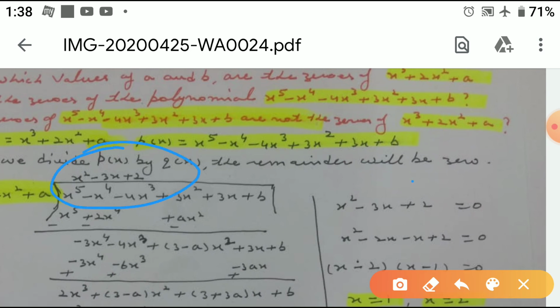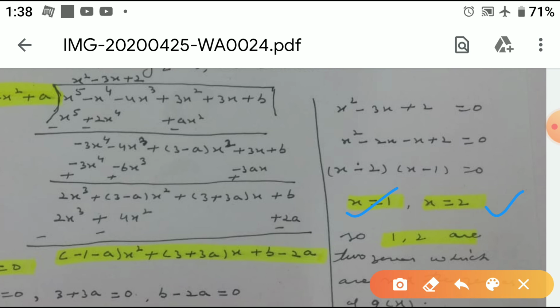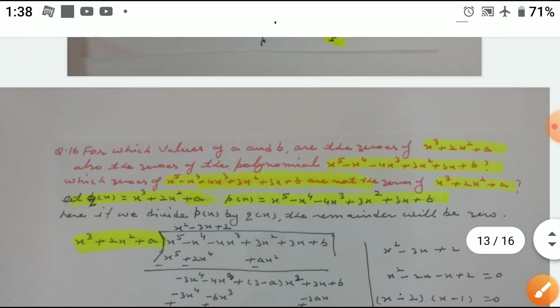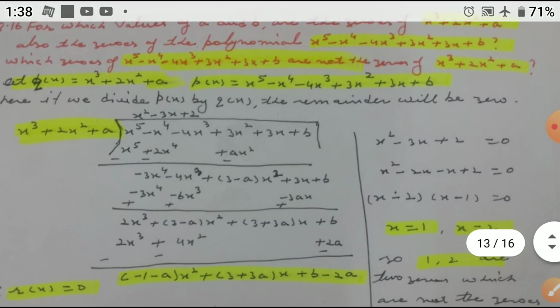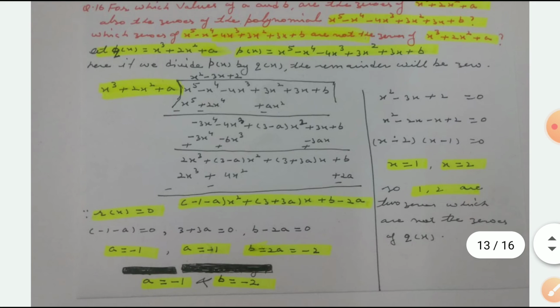Factorize this quotient by splitting the middle term, and we get x is equal to 1 and x is equal to 2, right? So these two zeros 1 and 2 are not the zeros of this. Clear?